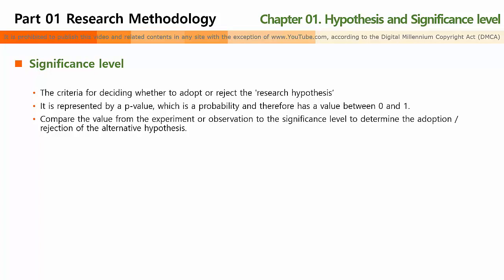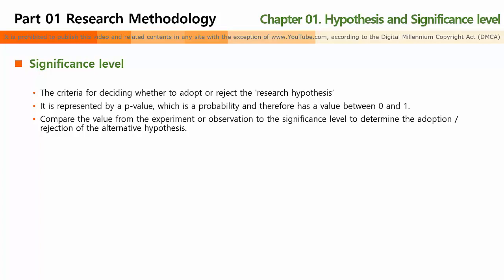This criterion is called the significance level. This significance level is usually expressed as a p-value using the initial of probability. Generally, we use the significance level as a p-value, but there are other values as well. But I explain the p-value first.